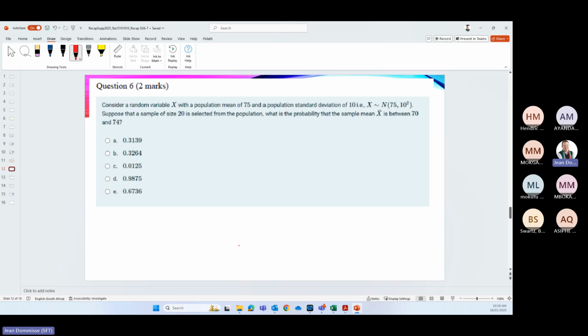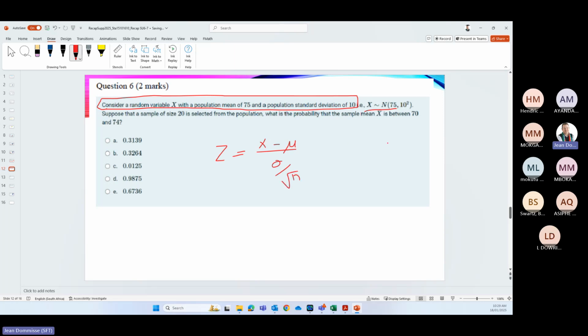Okay, so let's get into another one where they use a bit of notation as well. So here they didn't need to tell you this first component. They didn't need to add that because here they already told you the mean is 75. So they've already given you that piece of information.